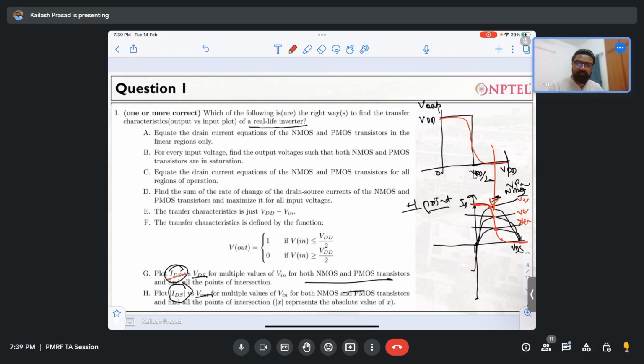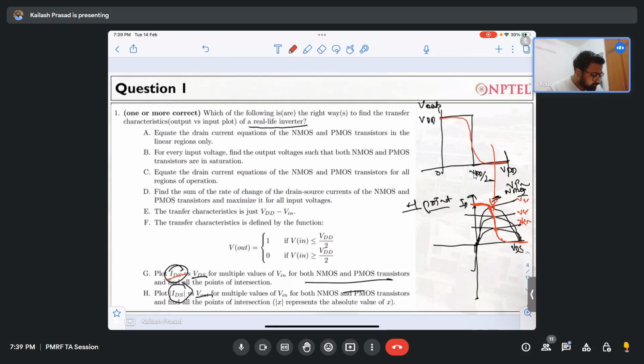ID versus VDS. Okay, and if you plot this, what you are getting is this plot, and please note that this plot is actually derived, and this plot will give you a lot of information in future regarding the inverter. Okay, that's the reason this plot is very important.